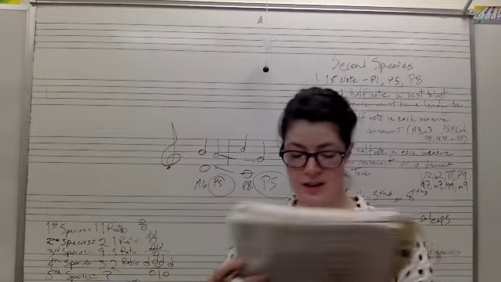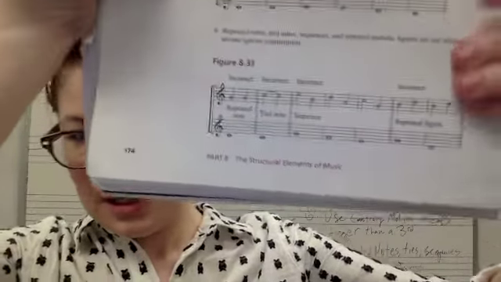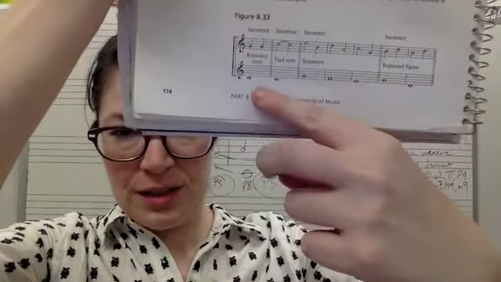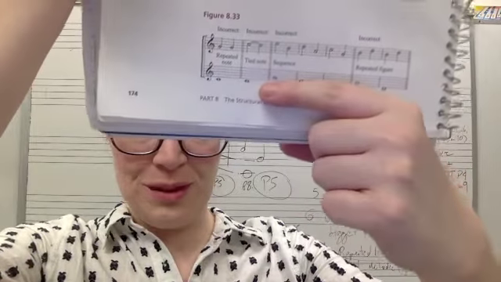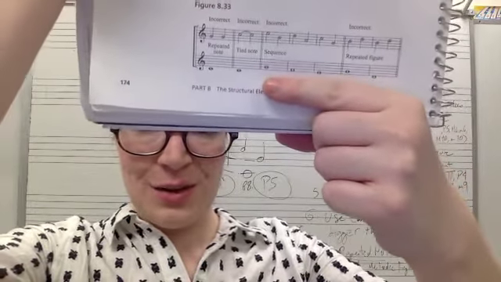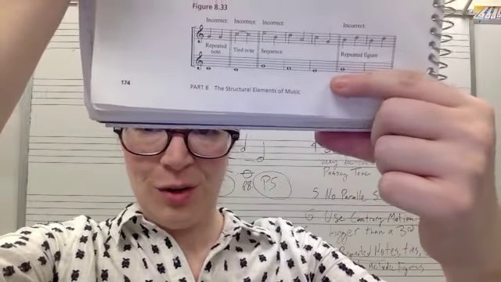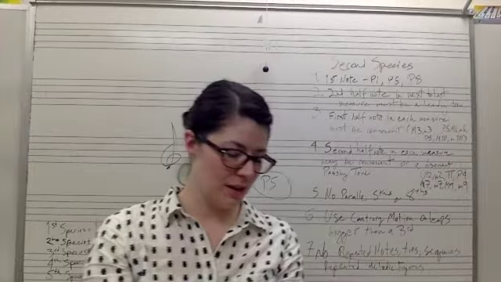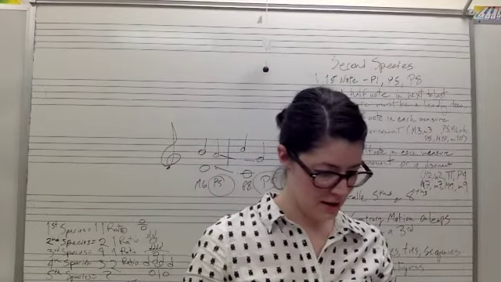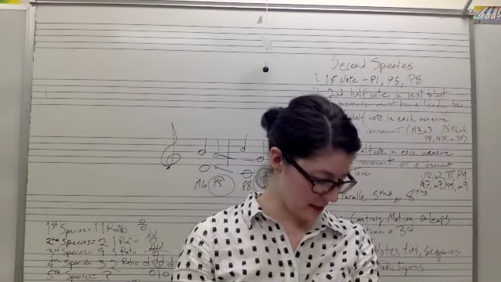So you can see all of them here in 8.33. As you can see, you've got your repeated note, so the same note, tied note, which is essentially just a repeated note but not moving, sequence, or a repeated figure. So none of that is acceptable. Yeah, and that's actually it.